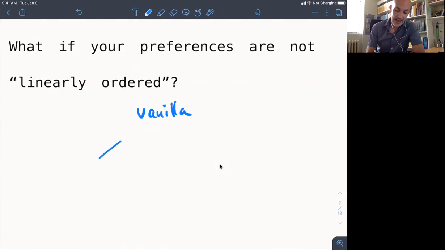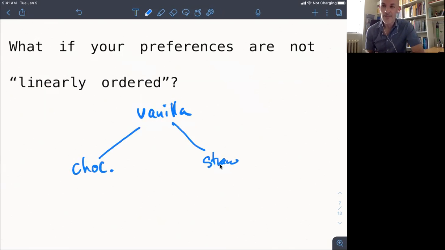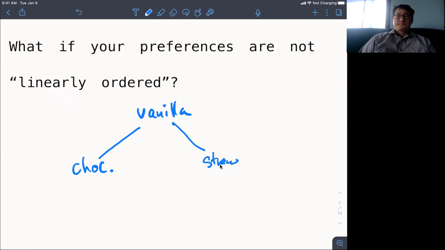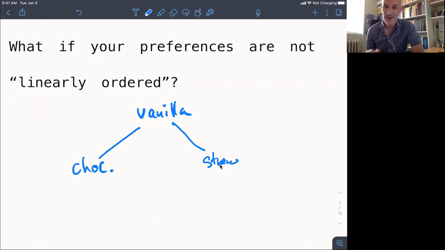And I know that I prefer vanilla to chocolate. And I know that I prefer vanilla to strawberry. And those are the 3 flavors of soft serve at my local ice cream place. And so, this truly is my preference.